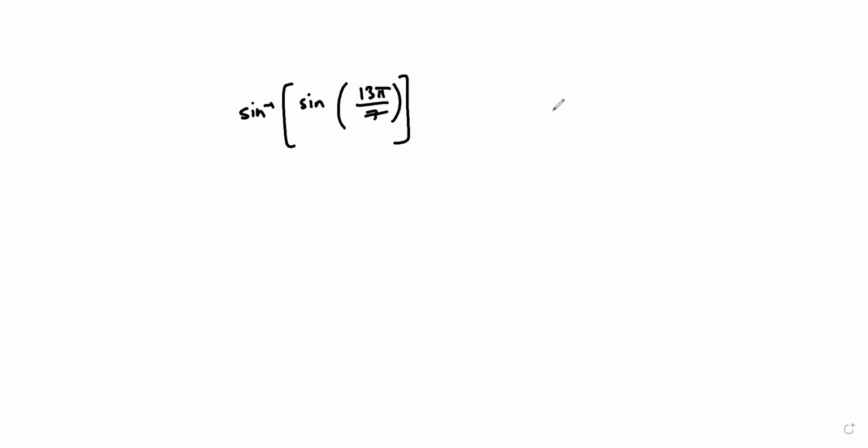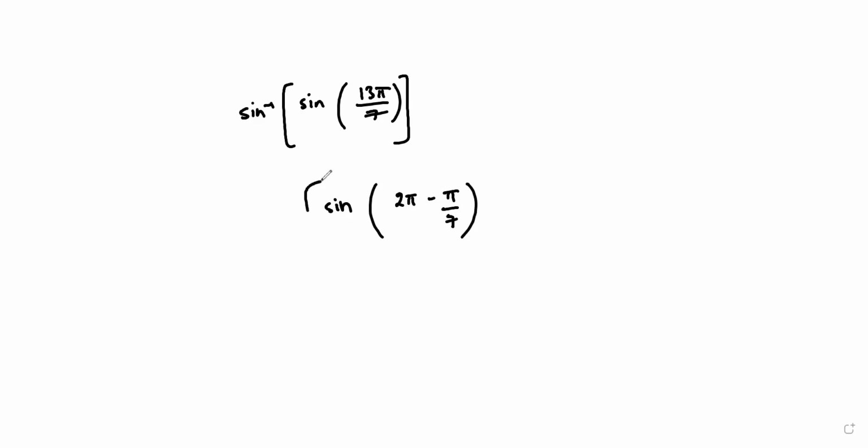Thirteen pi by 7, is it more than pi by 2 or less than pi by 2? More than pi by 2, 1 point something pi, so it is beyond the range. So we have to reconstruct this. I can write it as sine of 2 pi minus pi by 7. 14 by 7 is 2, 14 minus 1, 13.